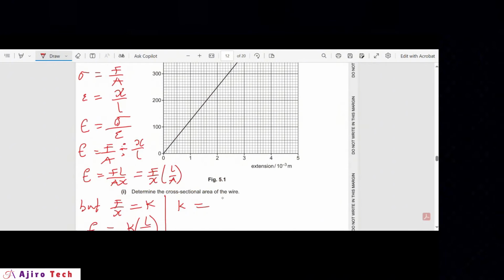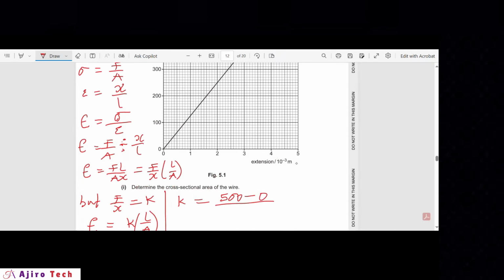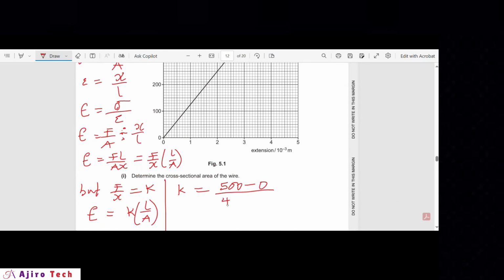That will be 500 minus 0, over 4 minus 0 times 10 to the minus 3. So k is 500 divided by 4 times 10 to the minus 3.